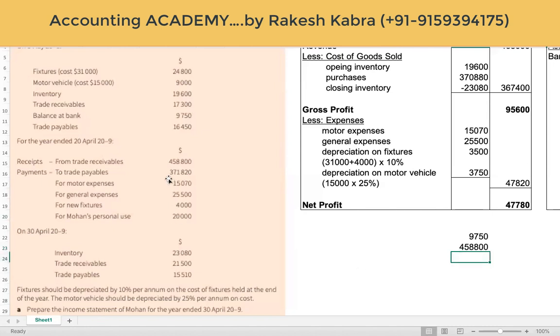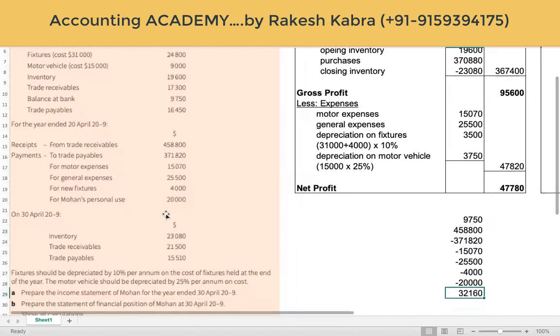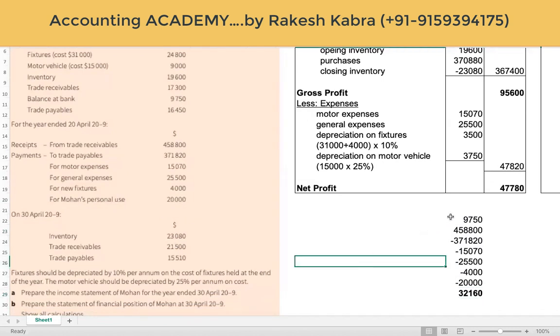And then I will subtract all the payments: 3,71,820 minus 15,070 minus 25,500 minus 4,000 minus 20,000. So let's see what the closing bank balance is. We got 32,160.